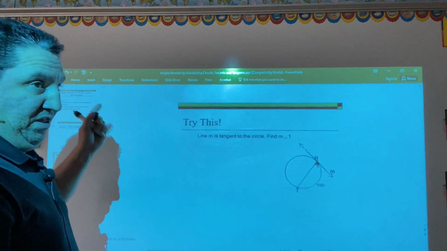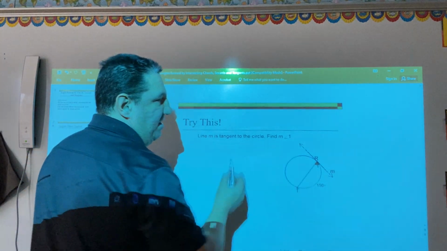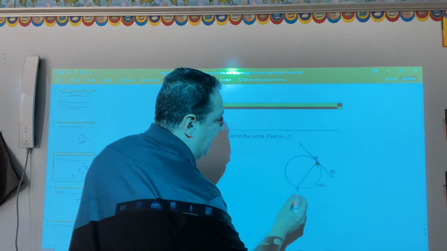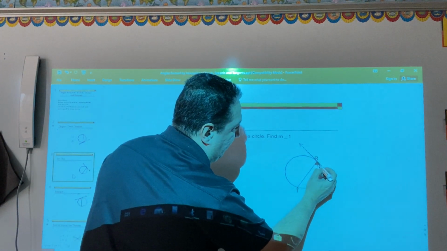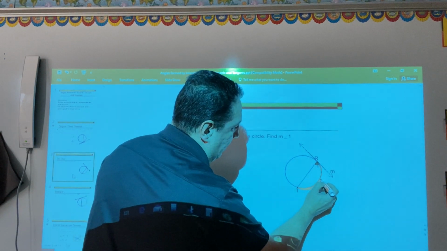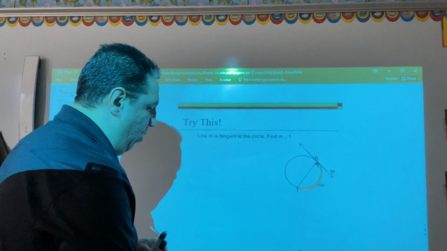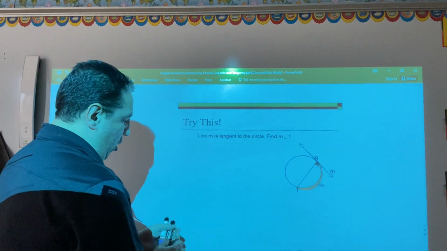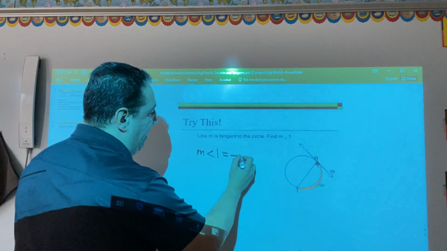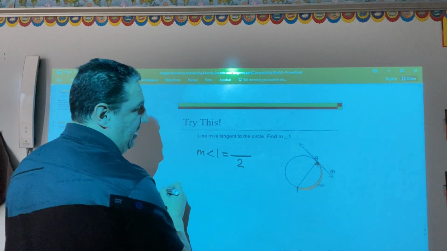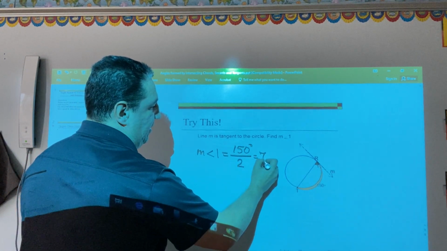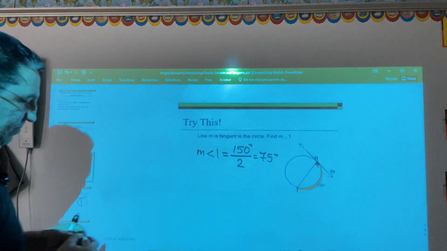According to the theorem, the measure of this angle is 1/2 of its intercepted arc, and its intercepted arc is arc RT. But arc RT is 150 degrees. So we can say the measure of angle 1 is 1/2, meaning division by 2, of 150, which is 75 degrees.